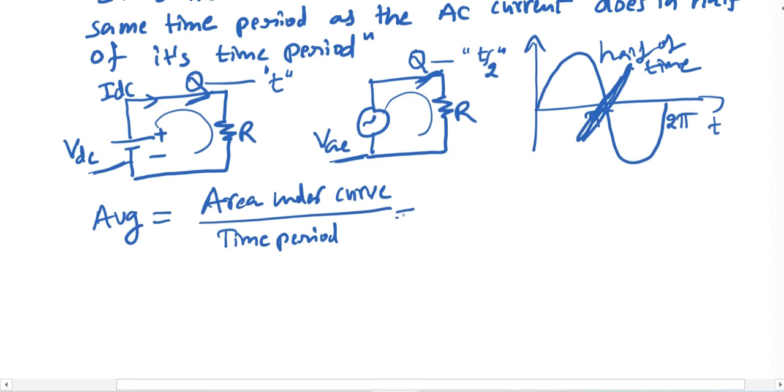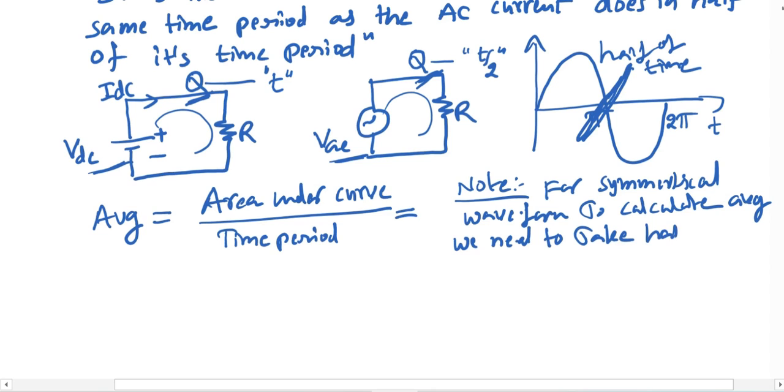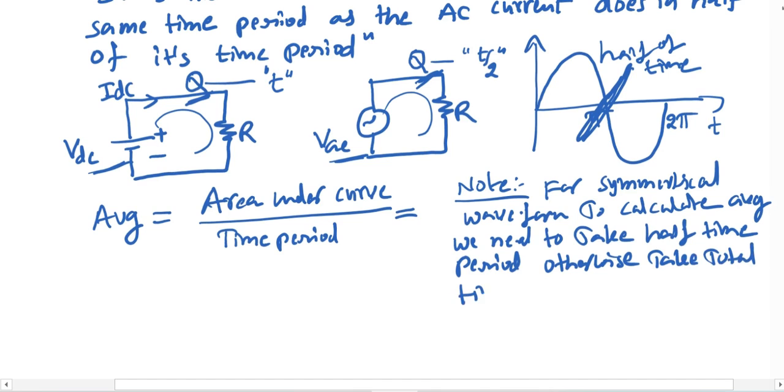In the case of sinusoidal signals, you have to take note: for symmetrical waveforms, to calculate the average value, we need to take the half time period, otherwise you can take the total time period. That is the point we need to understand here.